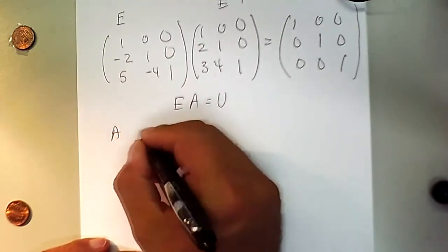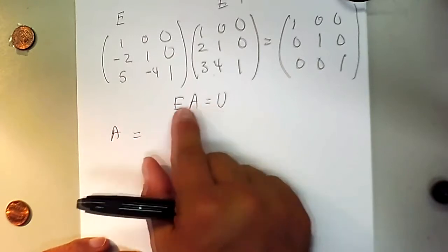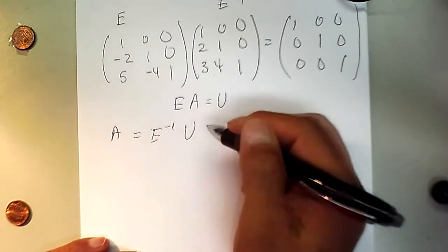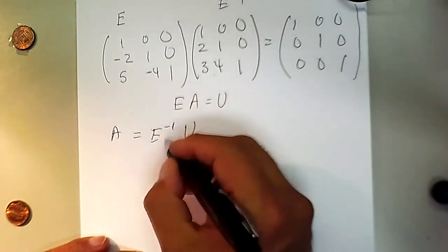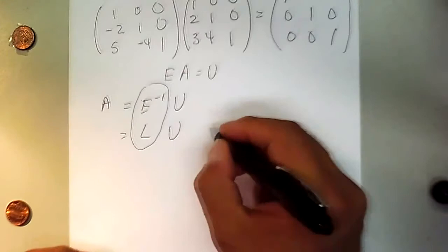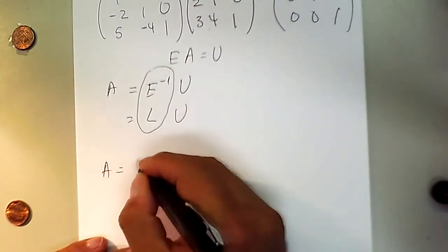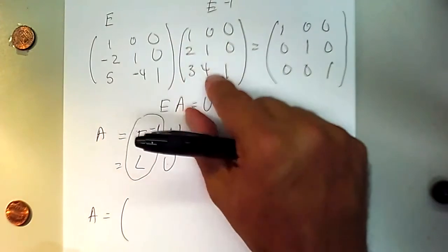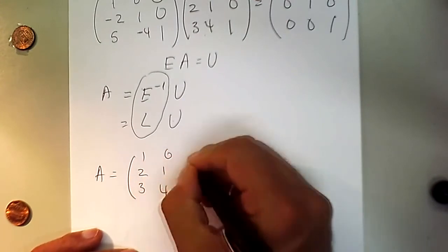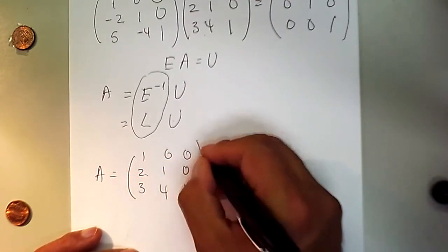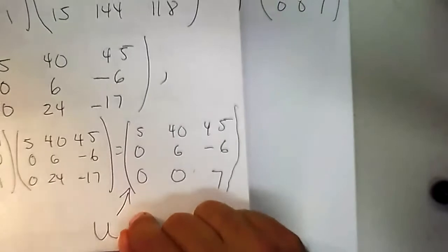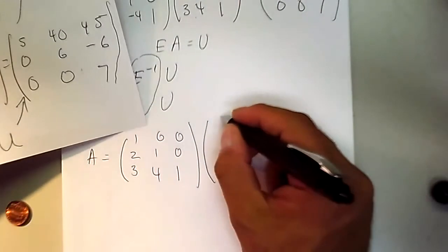So if we multiply by the inverse on both sides of this equation, on the left we get A equals E inverse U, and we're just going to relabel E inverse as L. So A can be written as 1, 2, 3, 1, 2, 3, 0, 1, 4, 0, 0, 1 times, where's our U? Remember, U is here. 5, 40, 45.